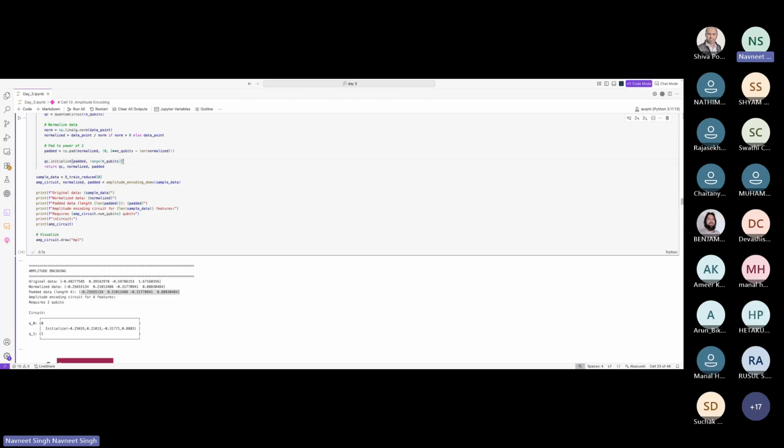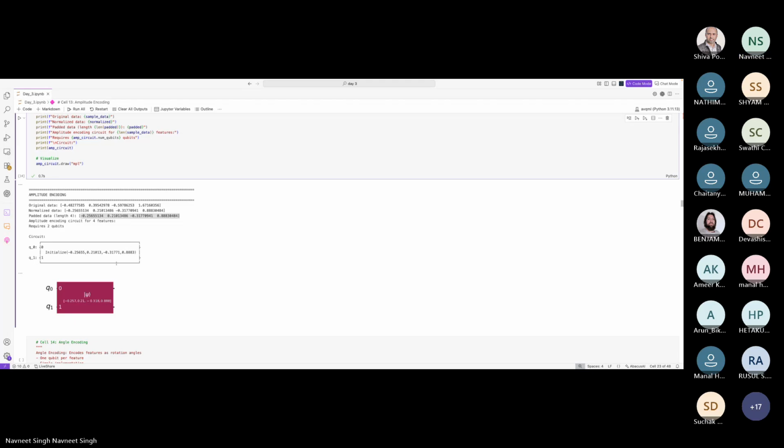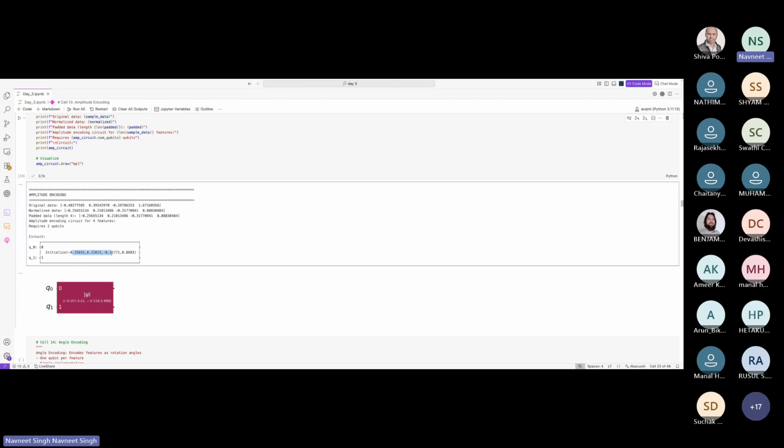This instruction prepares the qubits into a state whose amplitudes are exactly the numbers in our padded vector. After this step, the quantum state's amplitudes directly encode our data point. Finally, we print the circuit. You can see this is how our circuit looks, and I printed it so that we can see the values more clearly.